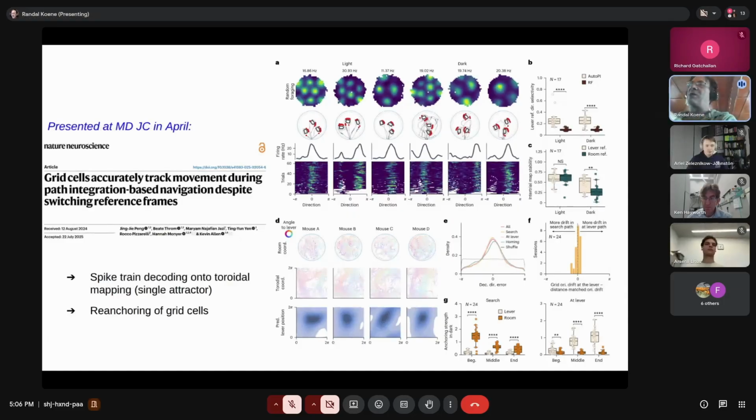You can still get the same bump on attractors, but the firing is now relative to a different aspect of the environment. And then, of course, at the end of that paper, we were left with the question: this bump attractor, this activity on the torus, how does it shift around from one place to another? And the input to grid cells is essential for that. So this paper is about the input to grid cells.